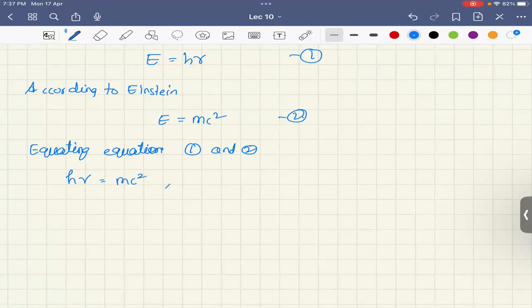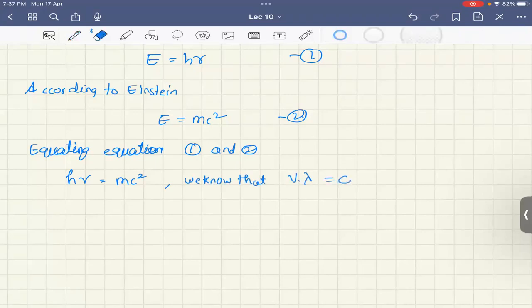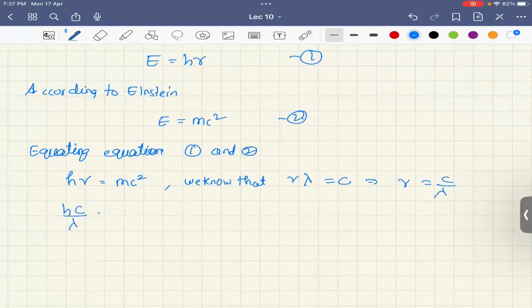But we know nu into lambda is nothing but c, right? This is frequency, right? That means frequency is nothing but c by lambda. Hence we put h c by lambda is nothing but m c square, right?